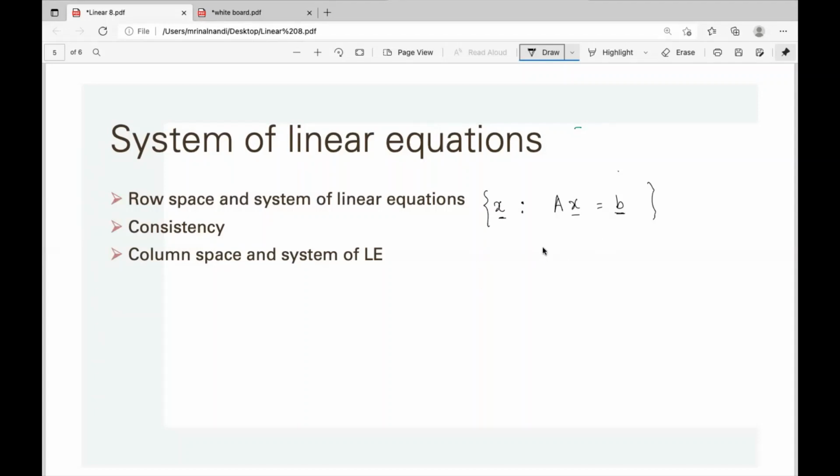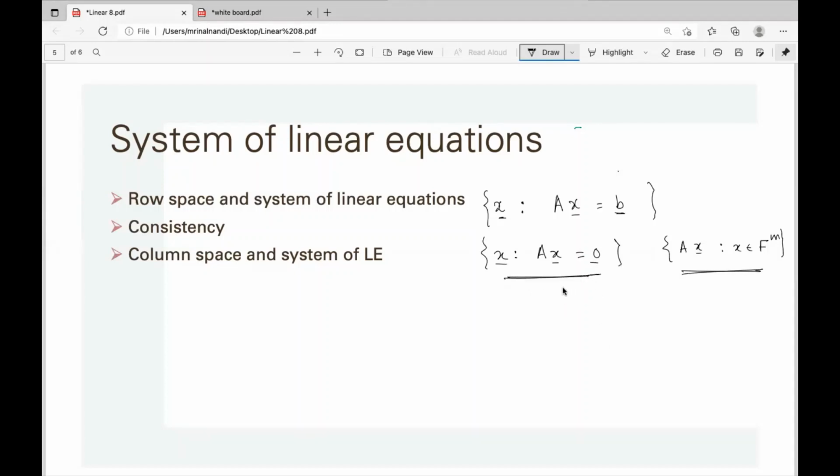Now just think about the homogeneous system of linear equations. What happened? What are the two different things? This is the column space, and this is the solution space.